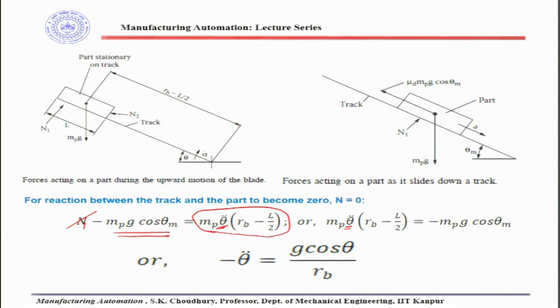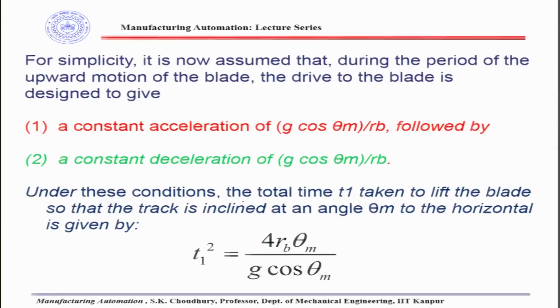So, what we are saying once again is that when the blade is going from the lower position to the top, it will go at a constant acceleration and a constant deceleration. The values of both acceleration and deceleration will be g cos theta by rb.